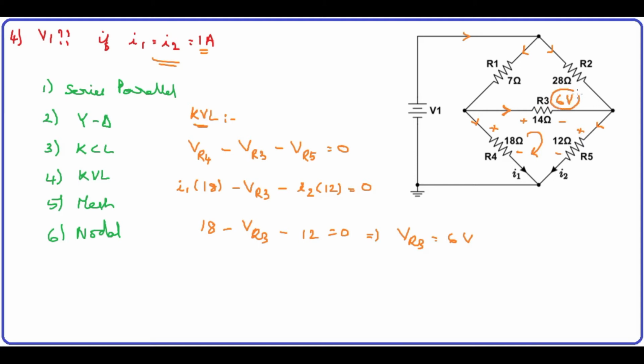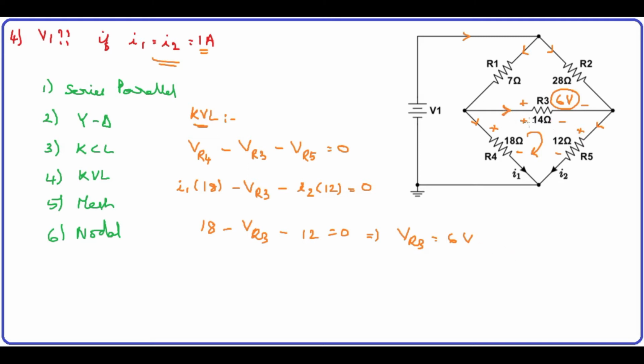Please try to remember the direction, the convention. This is plus minus 6 volt. Now how can we go ahead? This is 6 volt, so we can say which current direction is correct, because we are getting positive 6 volt here.